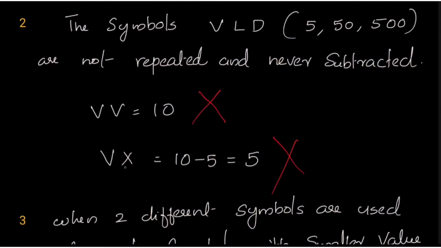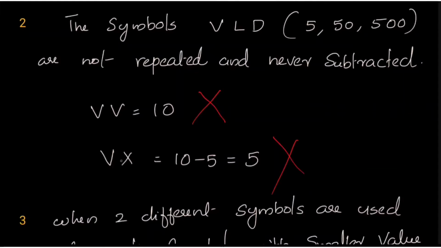Then VX: if we write a smaller number just before a bigger number, its meaning is subtraction. Here X is the greater number and V is the smaller number. If the smaller number is written just before the greater number, it means the smaller number is subtracted from the greater number.